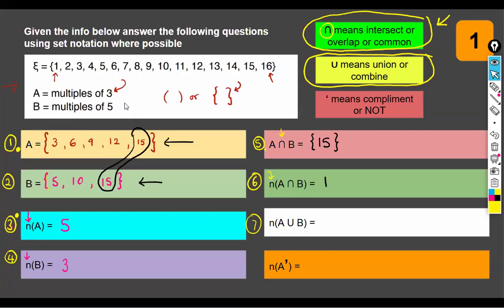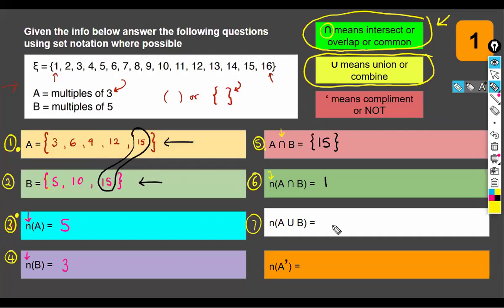So we are going to combine everything in A and B, but I'm going to do something wrong on purpose, right? What does A have? A 3, a 6, a 9, a 12, and a 15. And B has a 5, 10, and a 15. So let's combine everything.